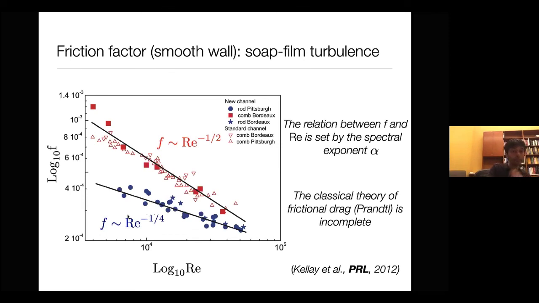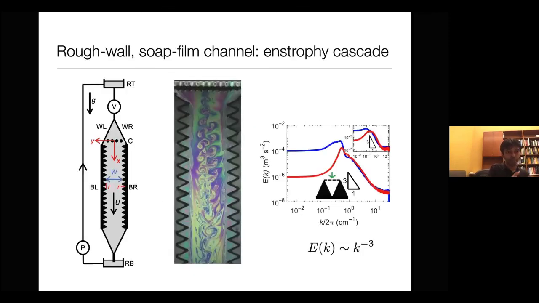Let me now briefly describe some of the recent results that we obtained for the rough case. So far, for the two-dimensional case, I described the smooth wall, which is technically simpler, but the rough one is technically quite challenging, and it took us quite a long time to get reasonable results. Here is the basic setup, exactly the same as before, but now both walls are rough.